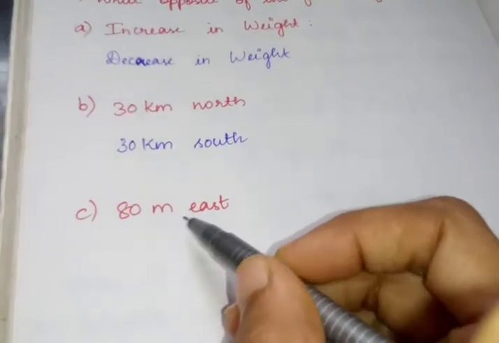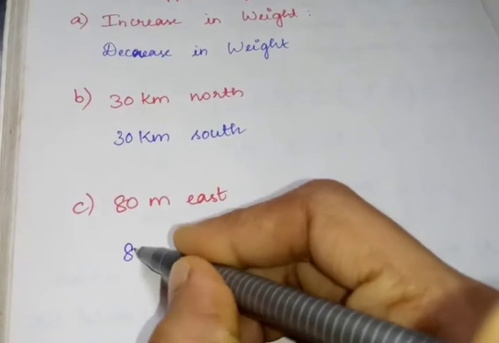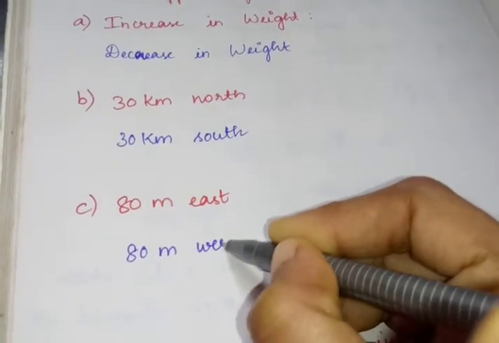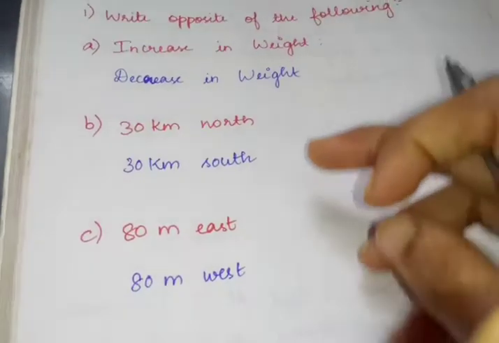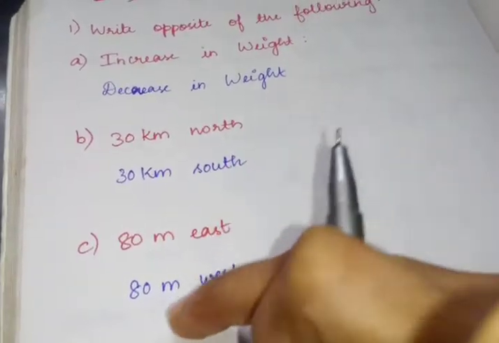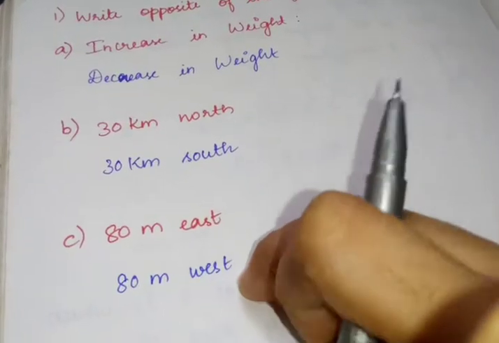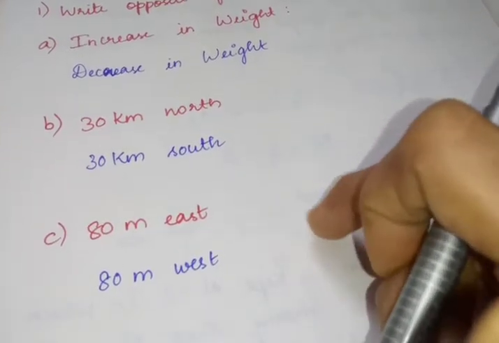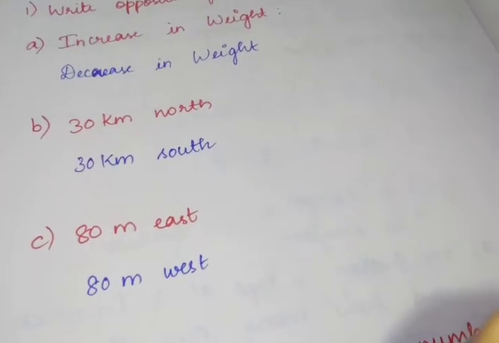Next, 80 meter east. The opposite is 80 meter west. So we have decrease in weight, 30 kilometers south, 80 meter west. The remaining D and E problems are your homework.